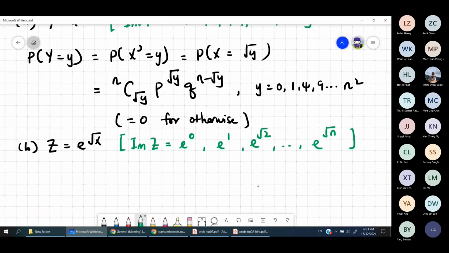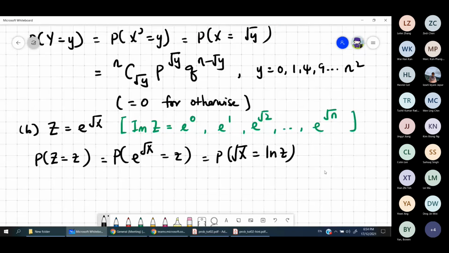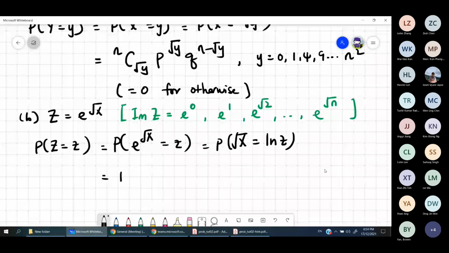So what you can do is follow this sort of calculation. So P of Z equals small z, and because x is positive, x is non-negative, and if you square both sides, P of x is ln z squared.